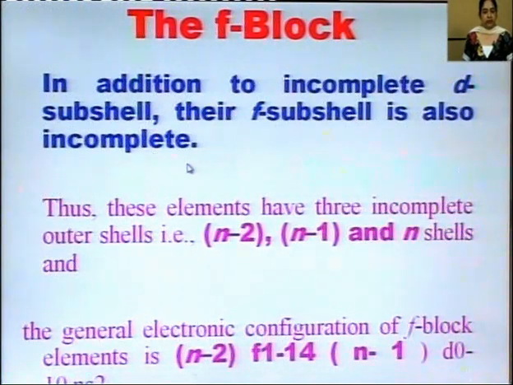These elements have three incomplete outer shells, that is n-2, n-1 and n shells. The general electronic configuration of F block elements is (n-2)f1 to 14, (n-1)d0 to 10, ns2.